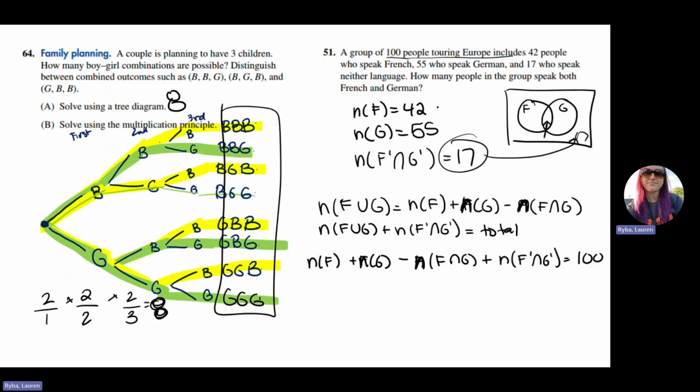So it's literally, there's 4 pieces. F plus G minus intersection plus outside equals total. So 42 plus 55 minus, this is the one I don't know because it says how many people speak both. That's the one I'm trying to find. Plus 17 equals 100.